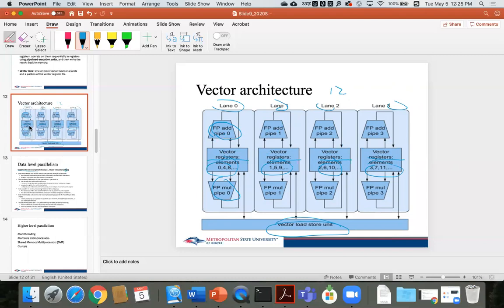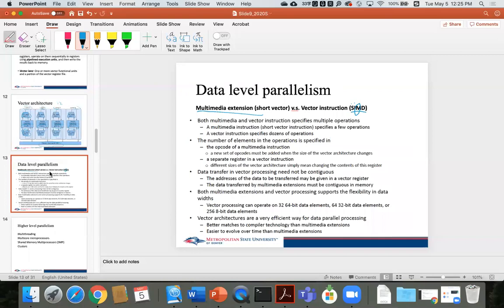But for the multimedia extension, you are using one instruction and one ALU to perform on a few pieces of data. The multimedia extension is an extension of the instruction set, and the multimedia instructions specify a few different operations.